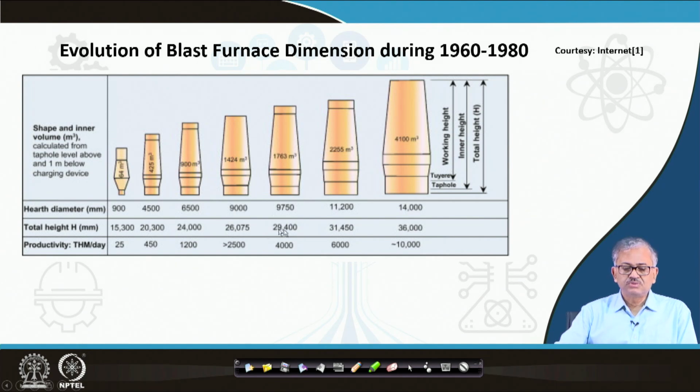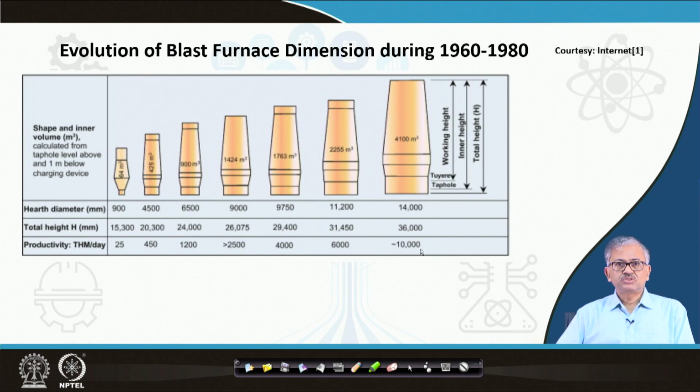And the productivity has also increased from 25 ton hot metal per day to 10,000 ton hot metal, THM, per day.